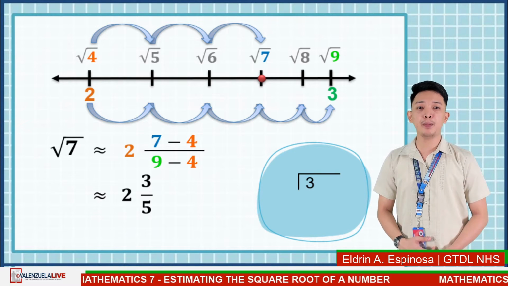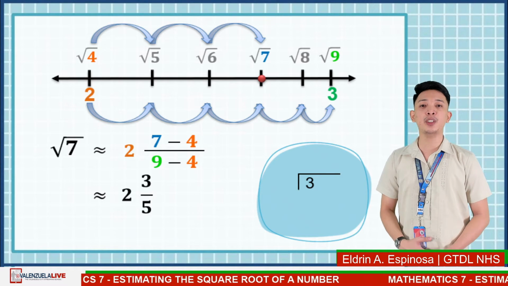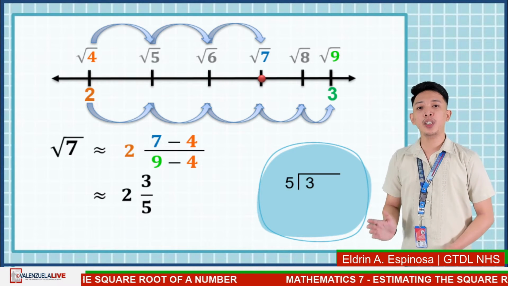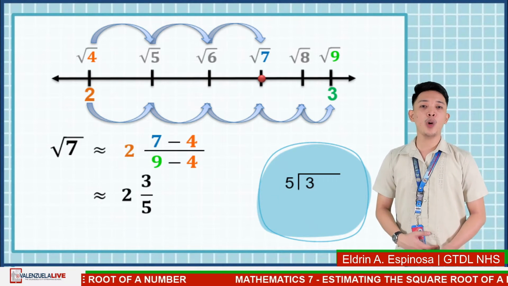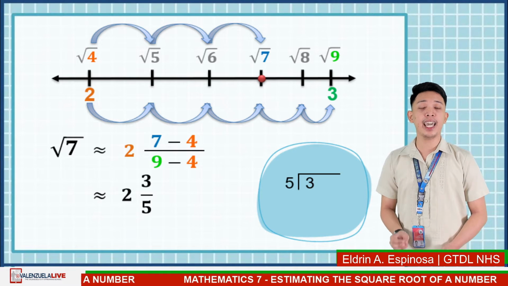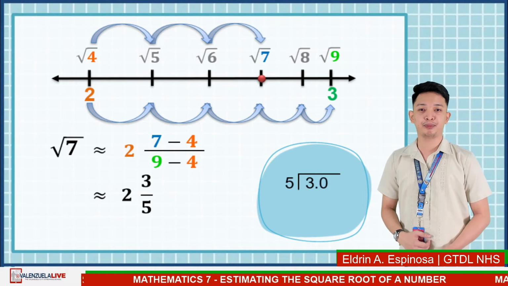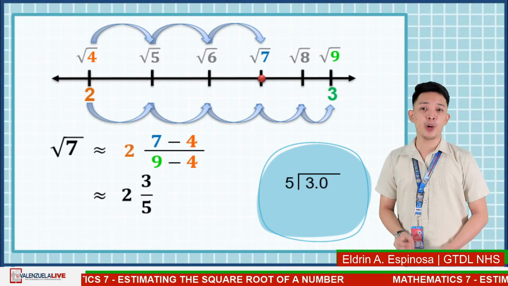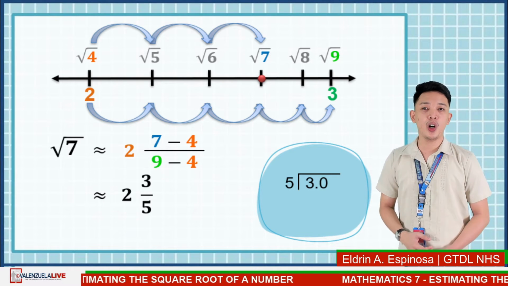Then 5 will be placed outside the division symbol as the divisor. To keep dividing, we're going to add a decimal point and a 0 after 3. Then we will also add a decimal point and 0 on top.